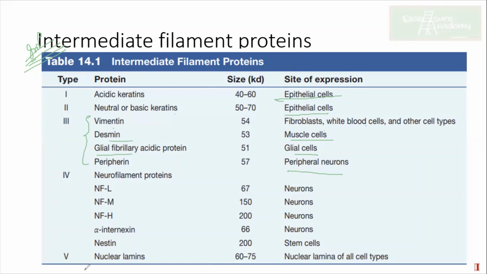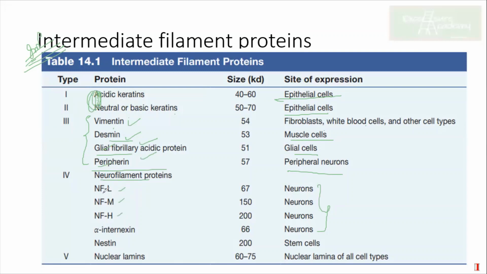Let me go slowly. Again, acidic and basic keratins are present in your epithelial cells. Then comes vimentin, desmin, glial, peripherin. Vimentin again in the fibroblast, desmin in muscle, glial in glial cells, peripherin in peripheral neurons. Now coming to the neurofilament proteins. The name itself tells you that it is expressed in the neurons. NF, L, M, and H: light, medium, heavy.